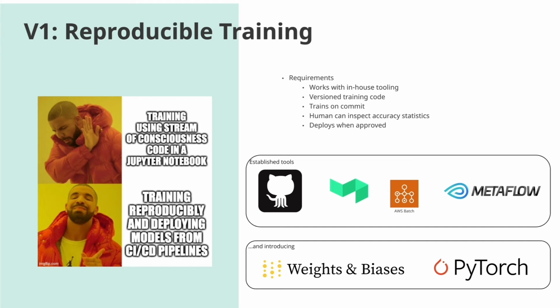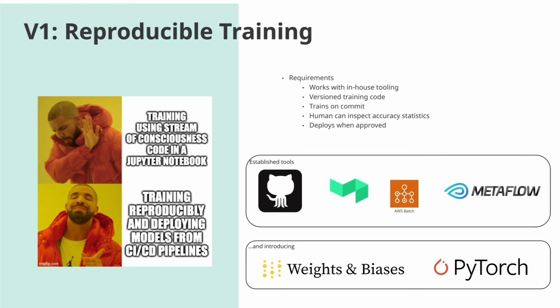So rather than having code in a Jupyter notebook, we keep Drake happy and have reproducible training pipelines using the existing CI/CD tooling that we're using at Culture Amp as the first pass. If that does the job, and Buildkite is a very flexible tool that can do lots of things, then we're going to have less friction than building something else from scratch. So we're trying to reuse Buildkite as much as possible in this work.